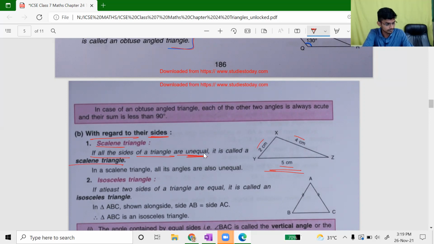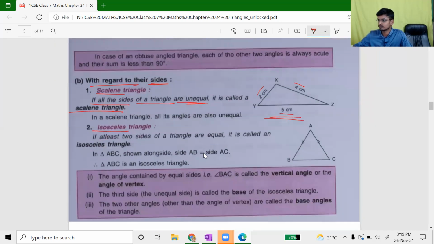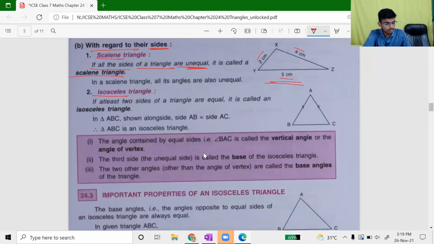The next is isosceles triangle. In an isosceles triangle, at least two sides. This is very important.